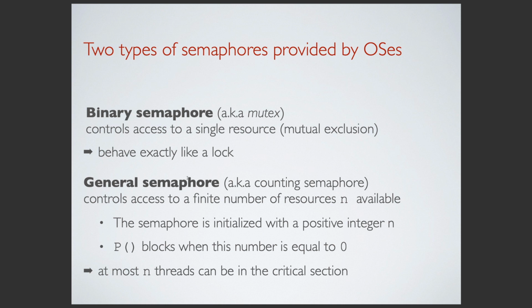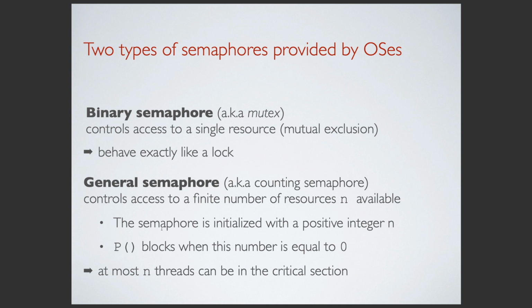But you have also the concept of a general semaphore, and that could be useful next week. We call that also a counting semaphore. You're going to say the following. When you initialize a semaphore, you say, okay, I have 5 tickets. Imagine I have 5 keys, meaning 5 people, we have 5 tickets to go in the room.